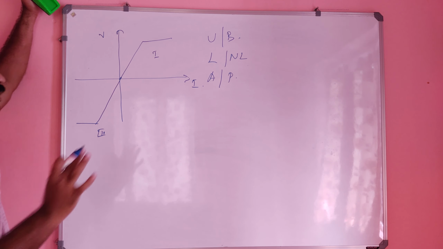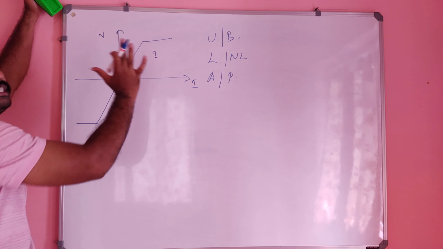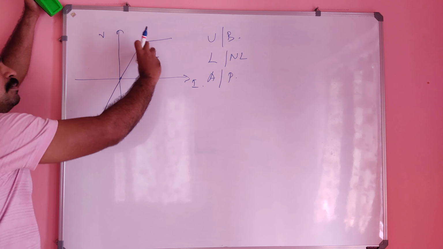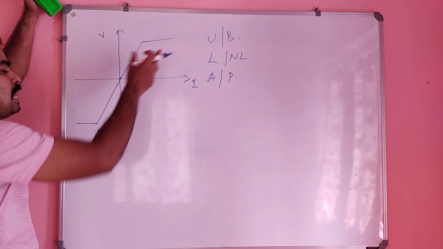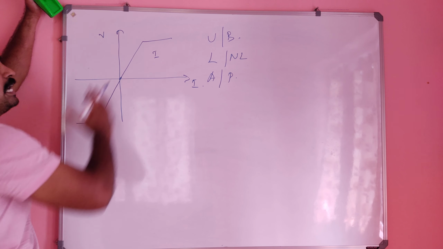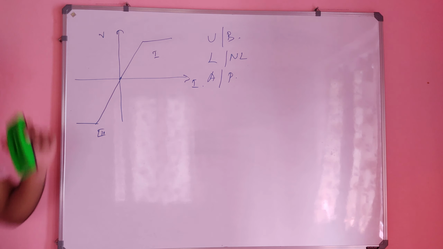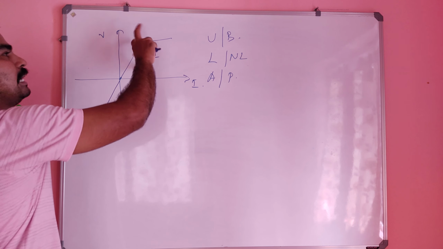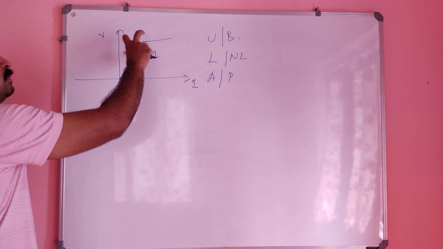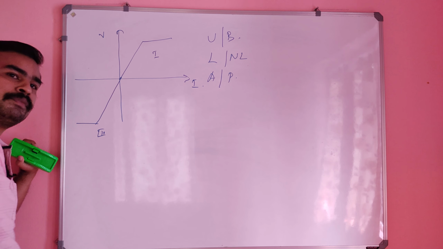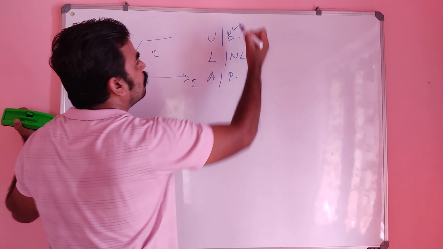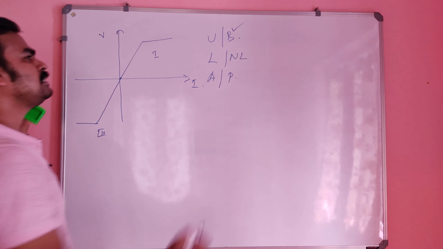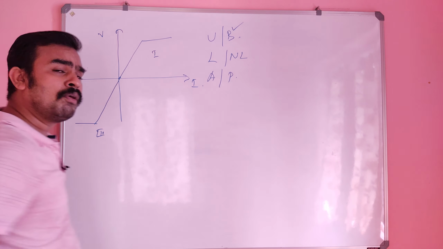That is the concept. Clearly it is visible from here that an exact copy of the first quadrant is in the third quadrant. So we can say that it is bilateral. And let's see whether it is linear or non-linear.